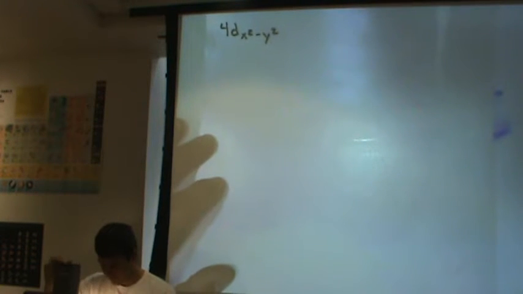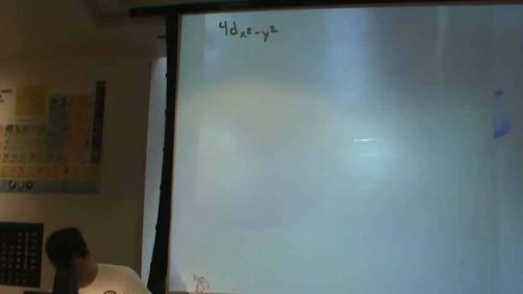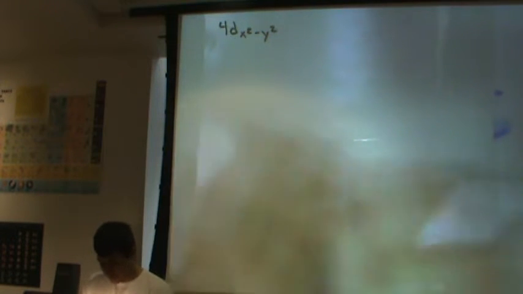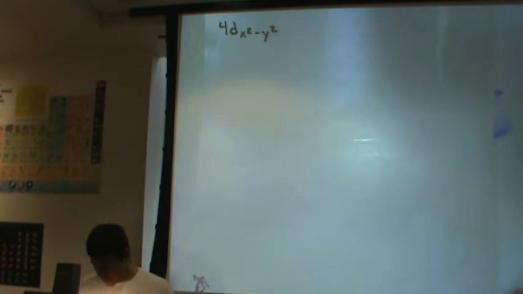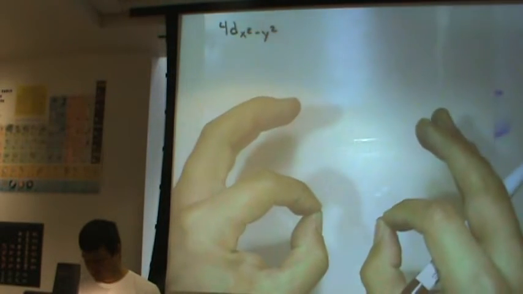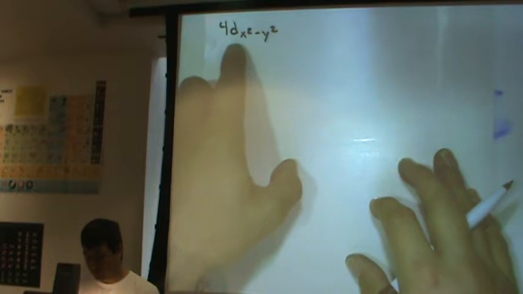We'll draw 4d x squared minus y squared, because it's relatively easy to draw. So before I draw anything down, the first thing I want to do is determine how many nodes exist for this orbital.